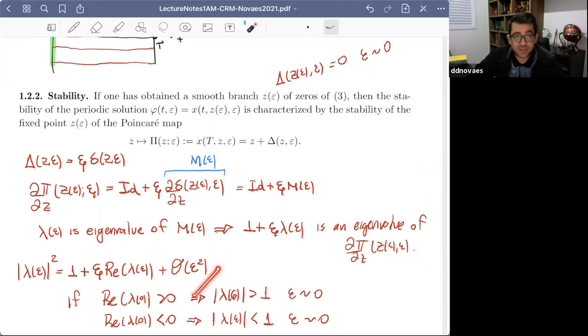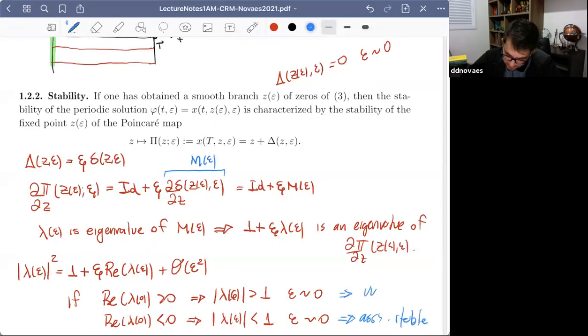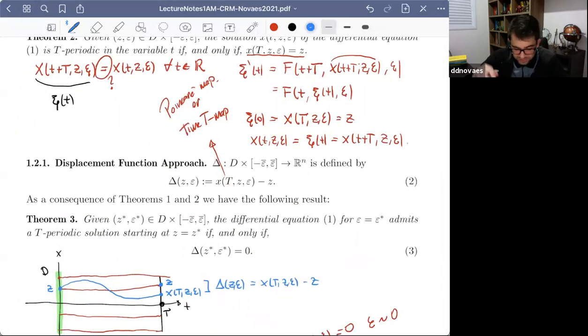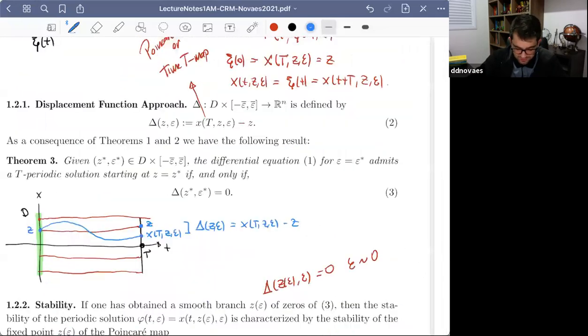In this very simple case, we can establish whether a periodic solution is asymptotically stable or unstable. This is the first approach that we are going to follow and use in this first lecture.